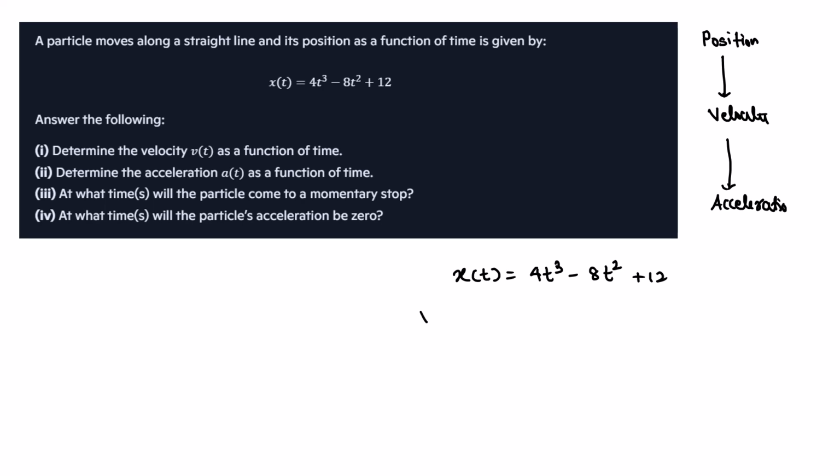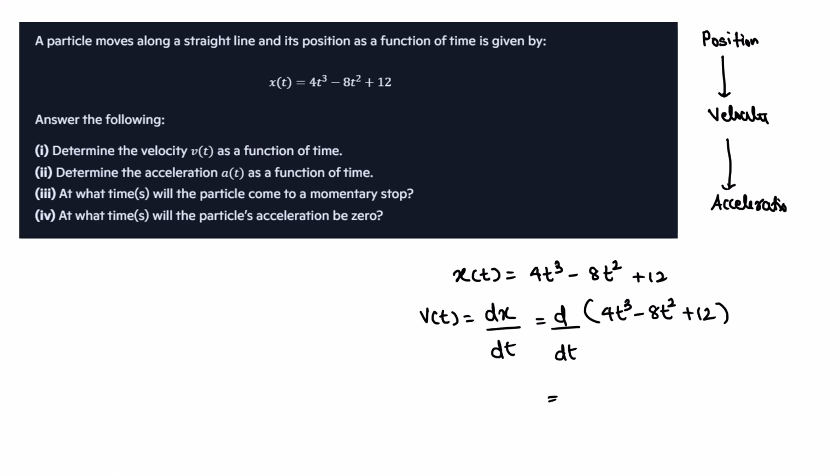That means the velocity v of t is equal to dx upon dt. X is given, so this can be written as d by dt of 4t cube minus 8t square plus 12. In differentiation as well as integration, if there is an addition or subtraction, we can separate it. So we can write it as d by dt of 4t cube minus d by dt of 8t square plus d by dt of 12.